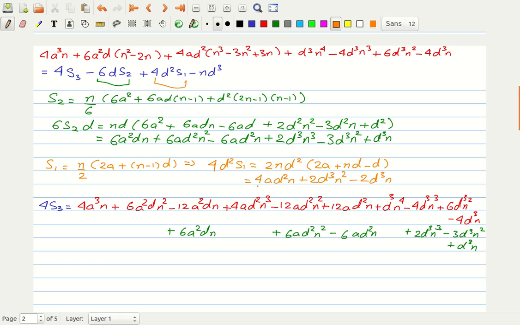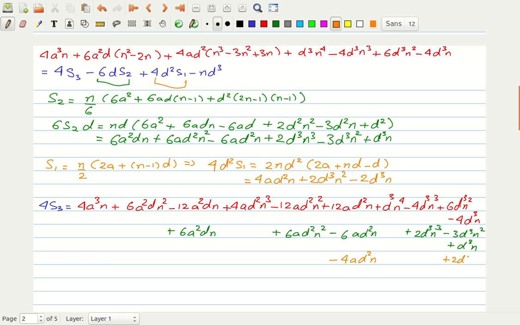So 4ad square n will become negative 4ad square n. Where is negative 4ad square n? It is over here, minus 4ad square n plus 2d cube n square. D cube n square is over here.